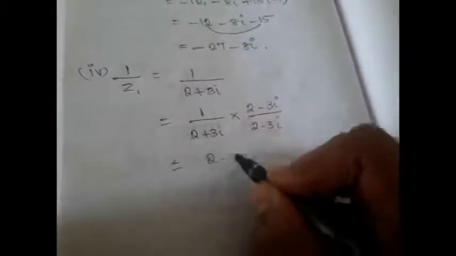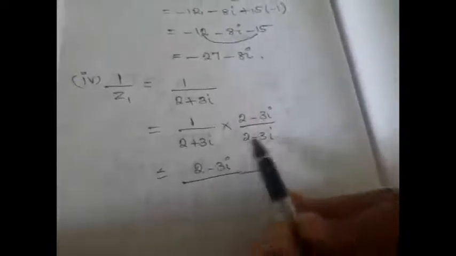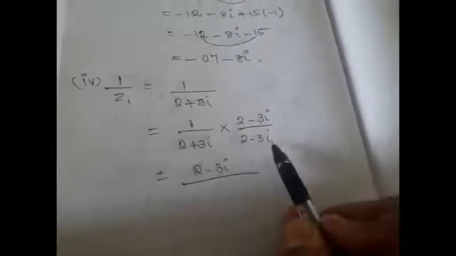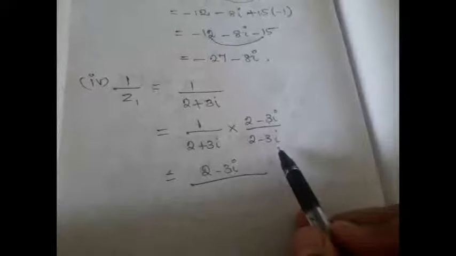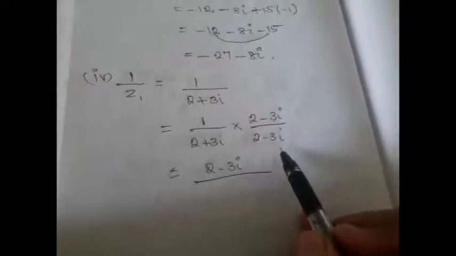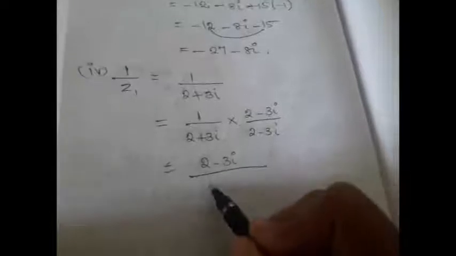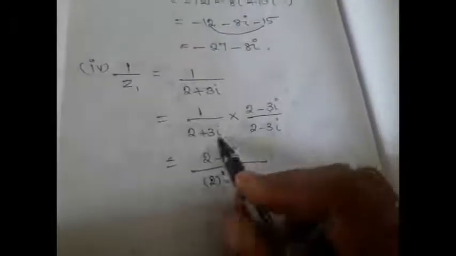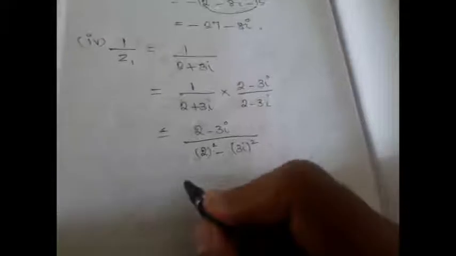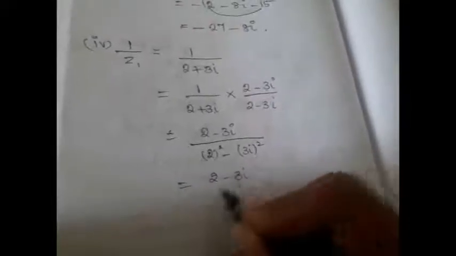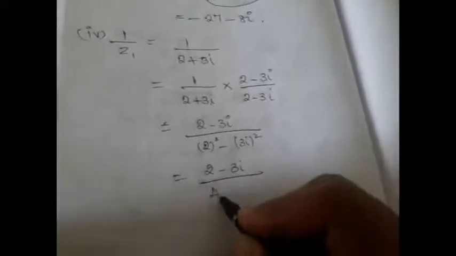Now what will happen? Numerator 1 into 2 minus 3i is going to be 2 minus 3i only. But if you check the denominator, it is the (a plus b)(a minus b) identity. It can be extended to complex numbers as well. So it will become a square minus b square. So 2 square minus 3i the whole square. So this is 2 minus 3i divided by 2 square, which is 4.